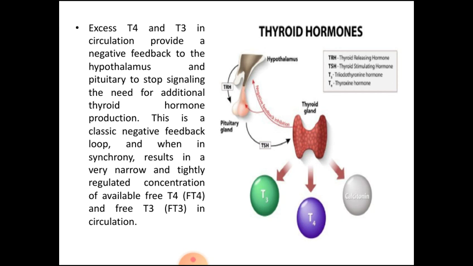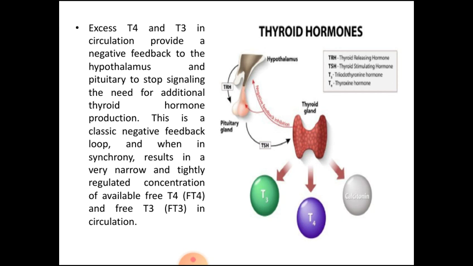When the body reaches the normal concentration, the negative feedback is done by the free T4 and T3 to the hypothalamus so as to suppress it from producing TRH, so as to suppress the anterior pituitary from producing TSH, and so as to stop stimulating the thyroid gland to produce T4 and T3. This is known as the negative feedback.